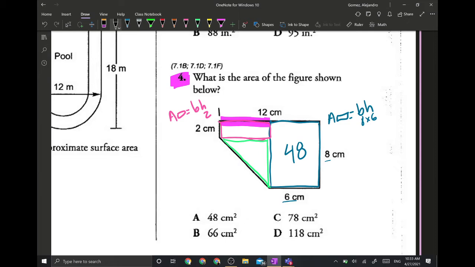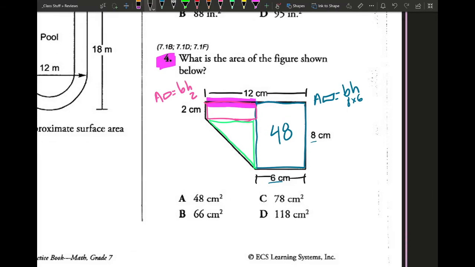So I know that from here to here is 12, correct? And I know that from here to here is 6. So that means that from here, this line extends all the way up to here, right? So to find that missing length, all I have to do is what?